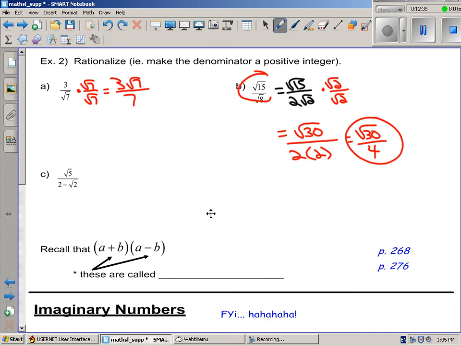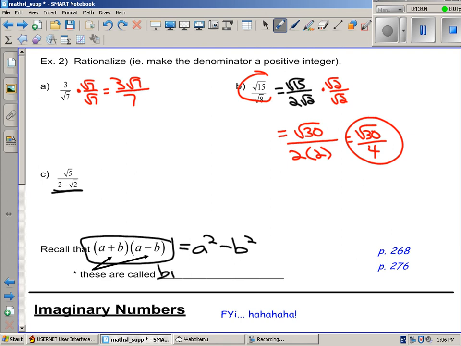The way out of this problem, when you have a binomial on the bottom, and part of it is a radical, or both parts are radicals, different radicals, is to recall this property, a plus b times a minus b. That's the way where you can get two perfect squares. It's kind of the perfect square factoring in reverse. And no middle term.